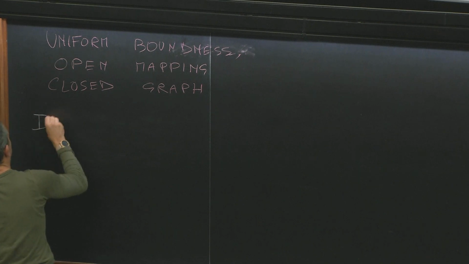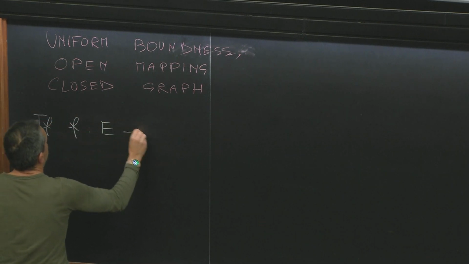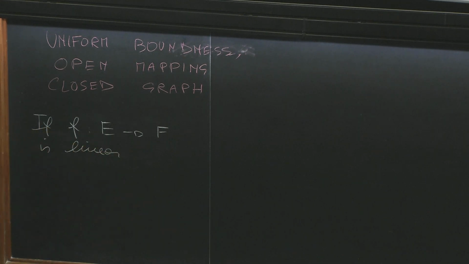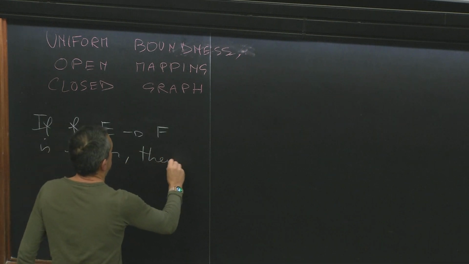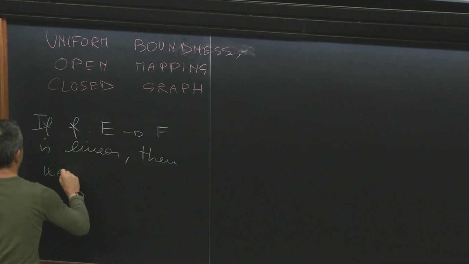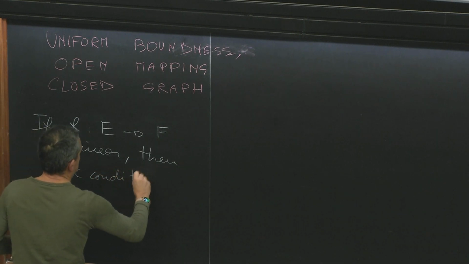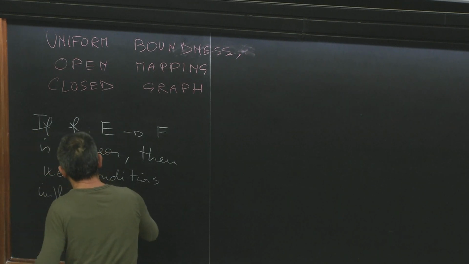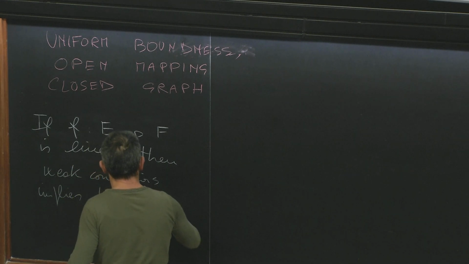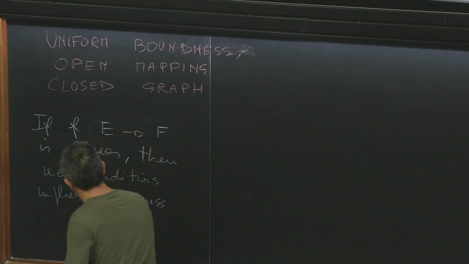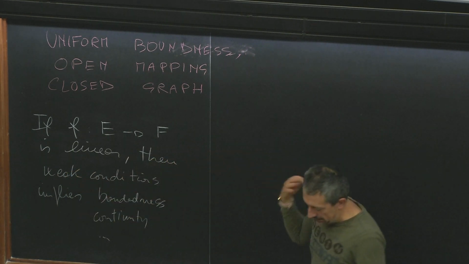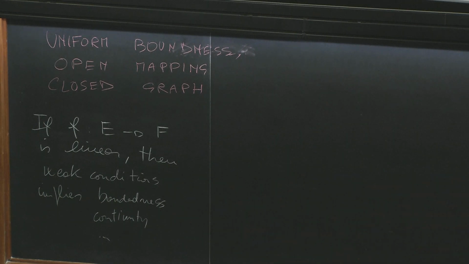If f from E to F is linear, then some weaker condition implies boundedness, or continuity, or whatever. So essentially, all these statements tell you that some weak condition will imply a strong condition.